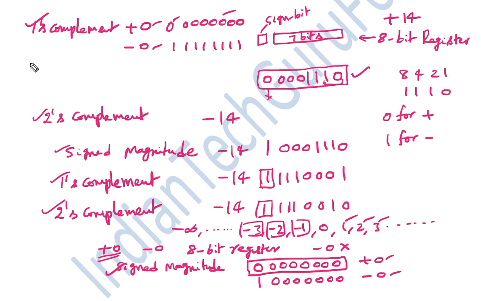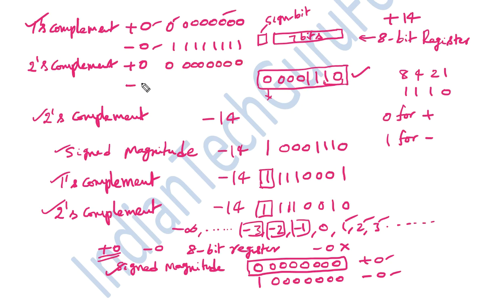So let us consider twos complement. As far as the twos complement representation is concerned, first I want to represent plus 0, which will be 0, 0, 0, 0, 0, 0, 0, 0.